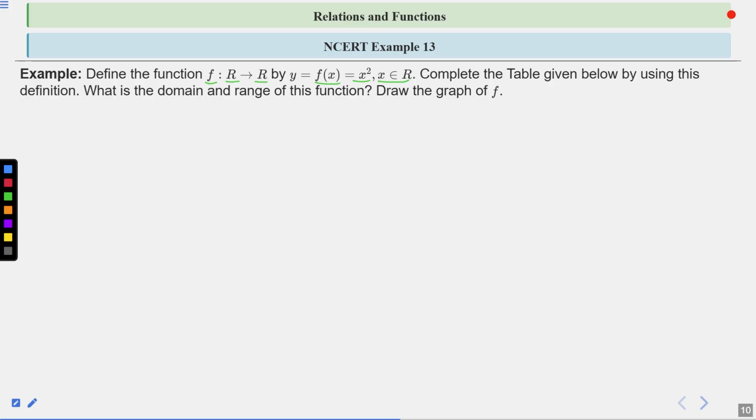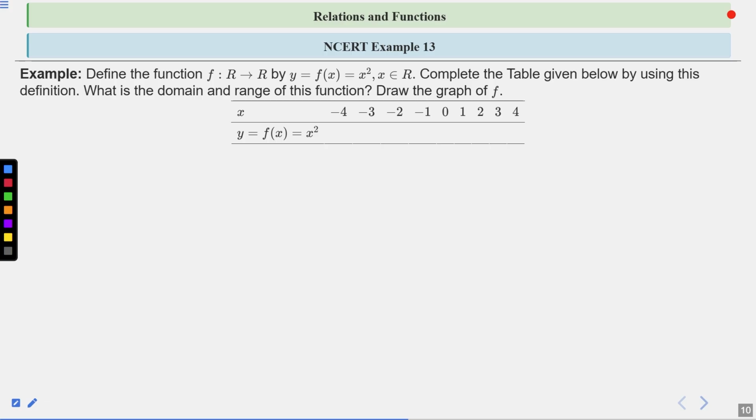Then complete the table given below by using this definition, and answer what the domain and the range of the given function are, and also draw the graph.